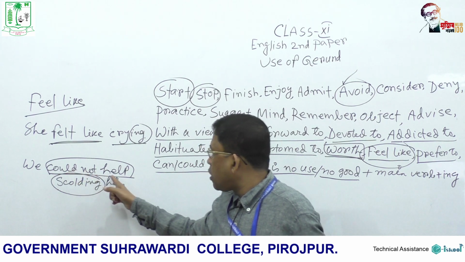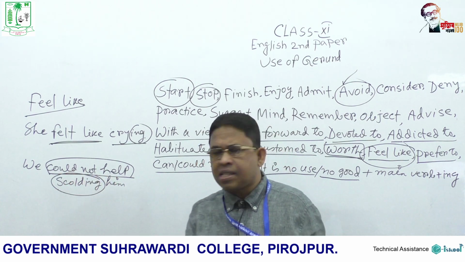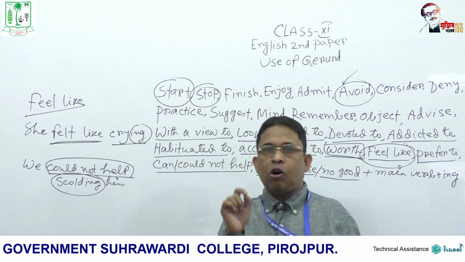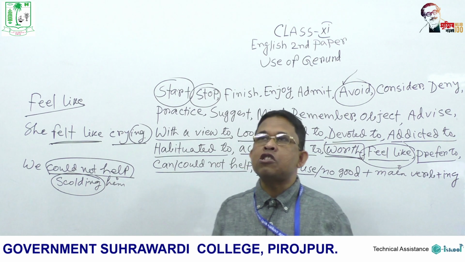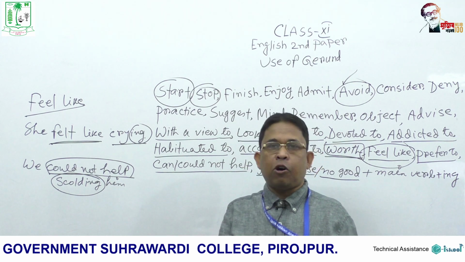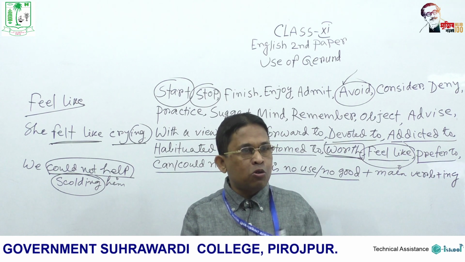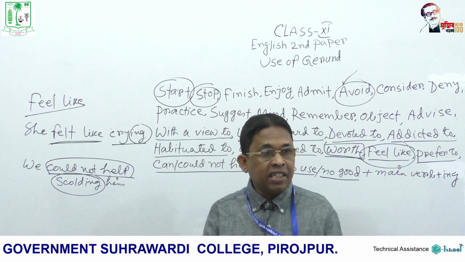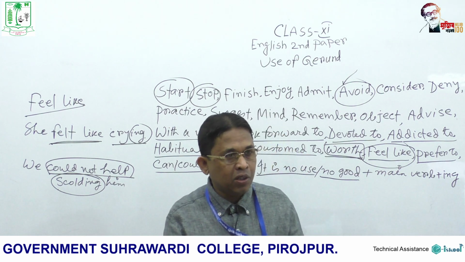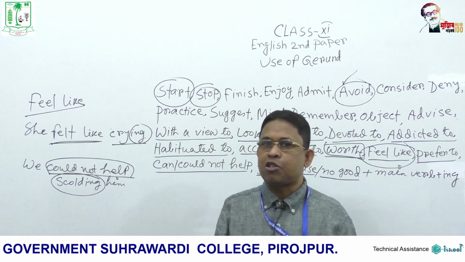So, could not help means we could not help scolding him. It means that we could not prevent ourselves from scolding him. It was uncontrollable for us to scold him. That is, we could not control ourselves but scold him. That is, we had to scold him. We were compelled, obligated to scold him.